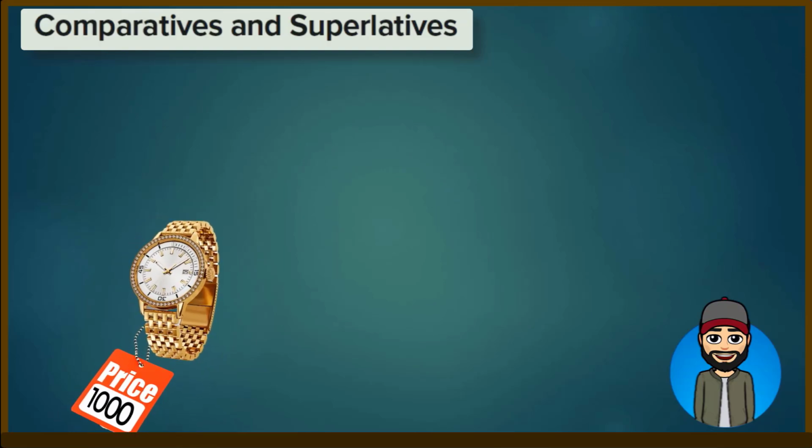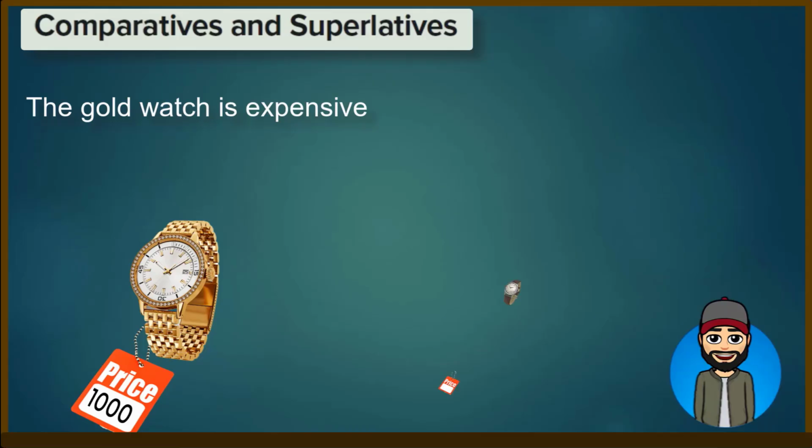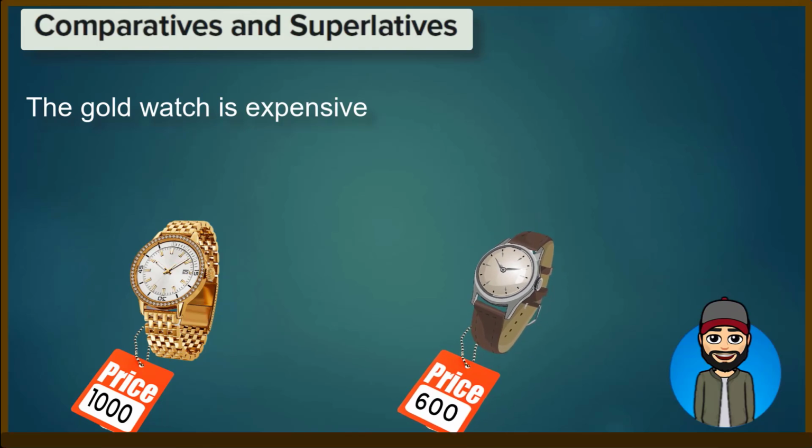This is a gold watch. The gold watch is expensive. It's 1000 riyals. Now this is a brown watch, 600 riyals. The brown watch is expensive.